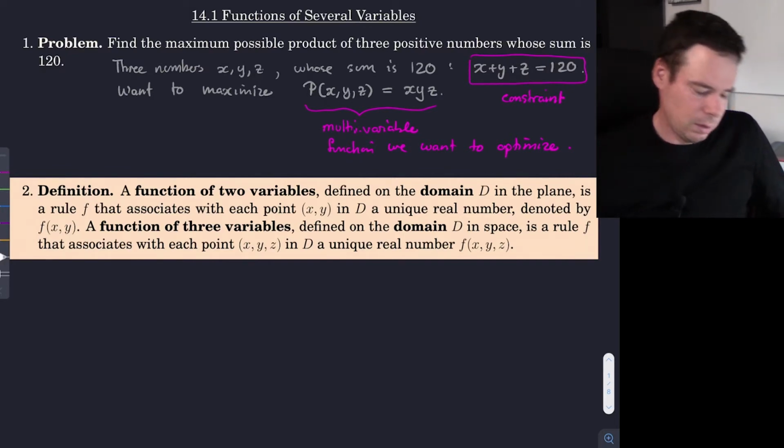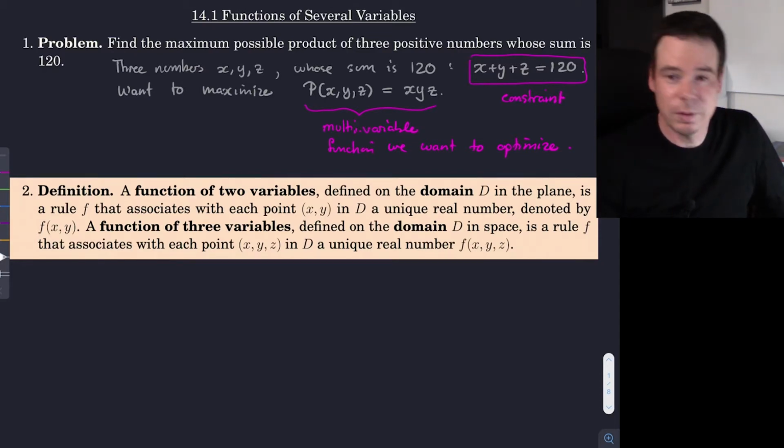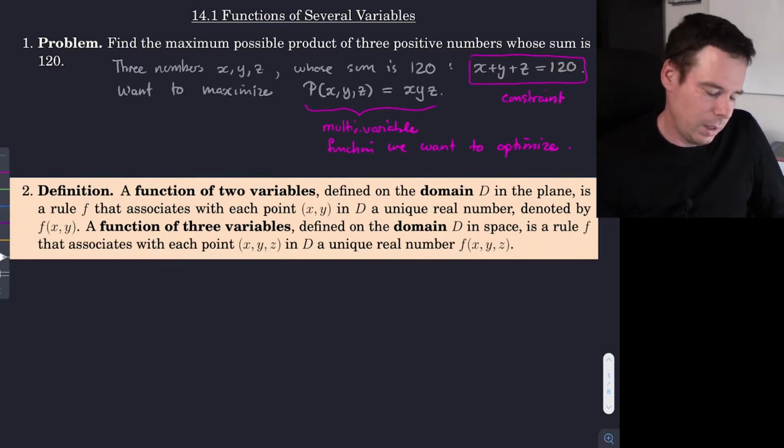Let's get to the specifics of what a multivariable function is. So we can have a function of two variables. We've already dealt with one variable. Functions of a single variable, one variable in, a number coming out. That's what we dealt with all in Calculus 1 and Calculus 2. Now we can talk about a function of two variables.